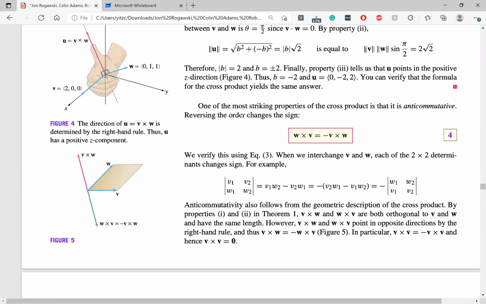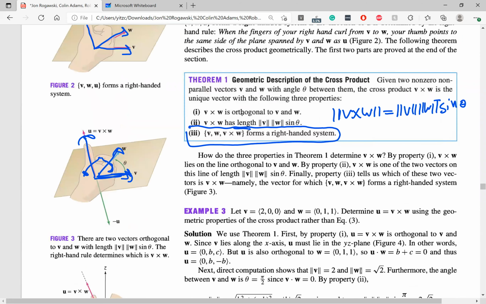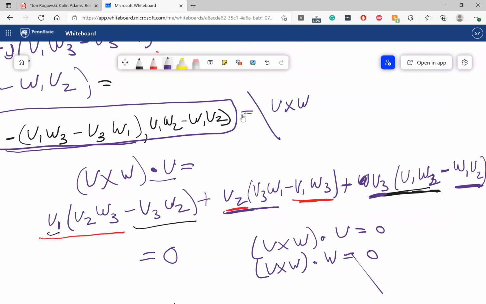Now, because of the right-hand rule, we can see that the cross product is not commutative. Let me draw a picture here.